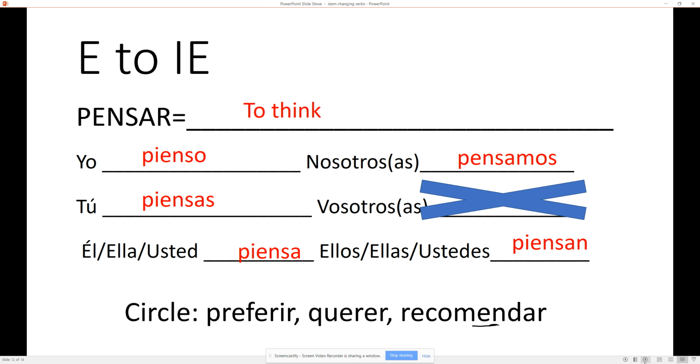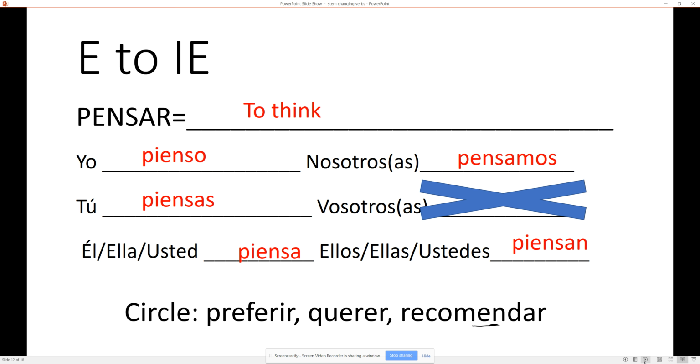So we've got three verbs here that students need to circle in their interactive notebook. Prefiero, to prefer. Yo prefiero. Querer, and you might recognize this from the Taco Bell dog. So yo quiero. Or in many Spanish love songs, we see te quiero, I love you.